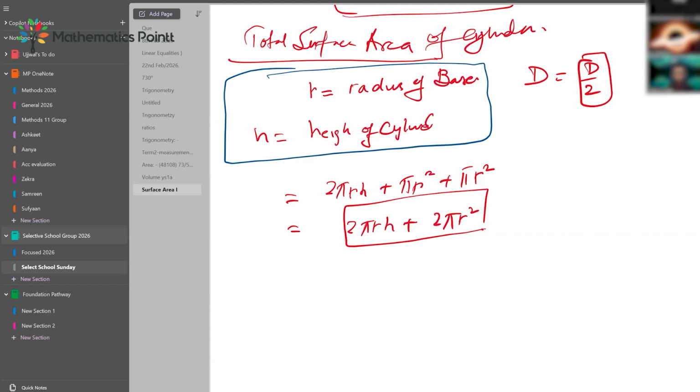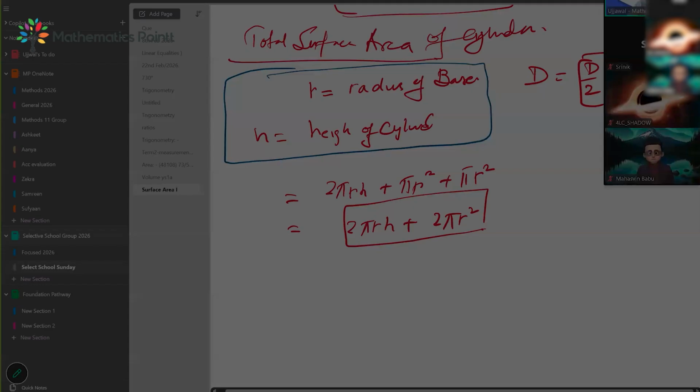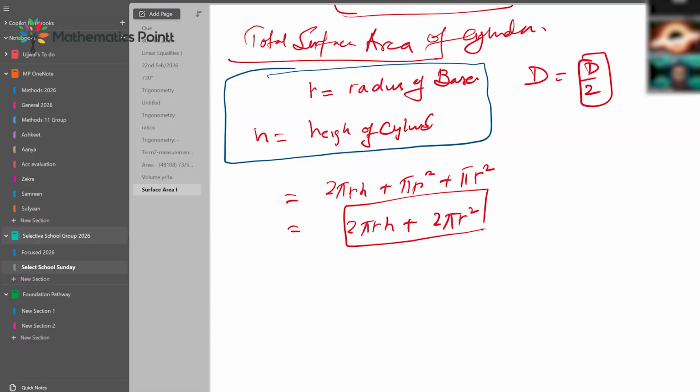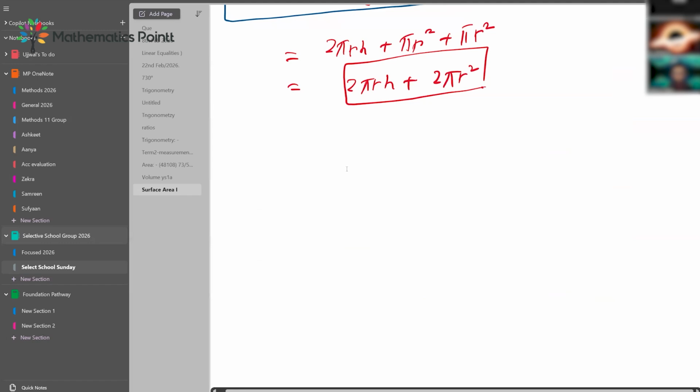Let's do a question, and that'll make more sense. All right, I'm going to get a snippet of a cylinder, and then we'll try to find the surface area of the cylinder.